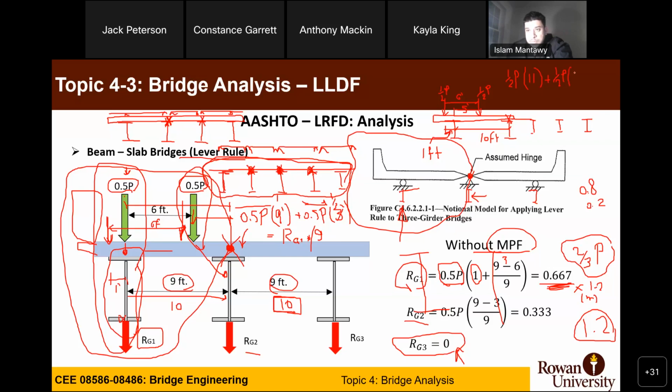So this distance is 5. And the reaction on the exterior girder will be times 5. RG1 is at distance 10, correct? So 11 times half is 5.5 P. Half times 5 is 2.5 P.